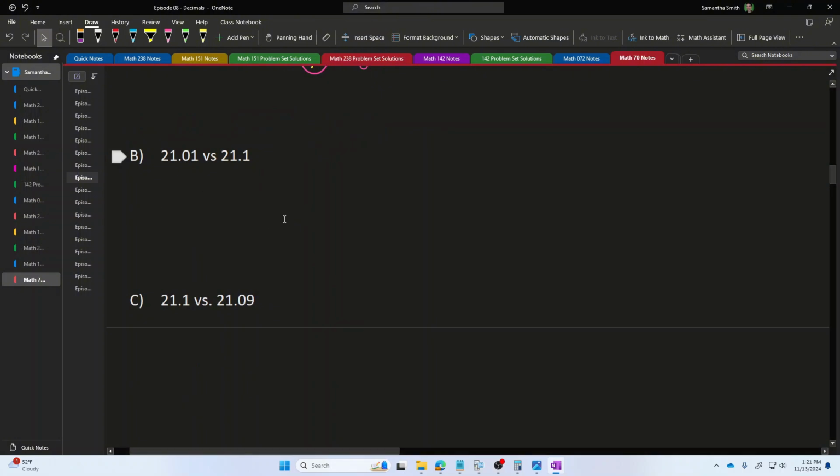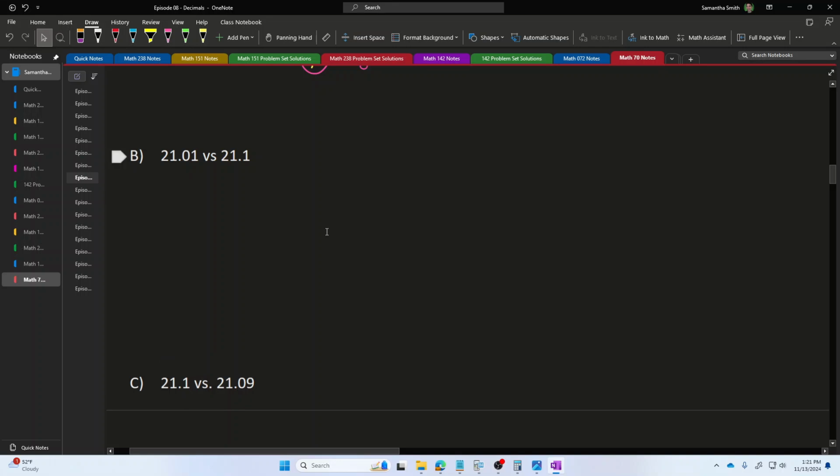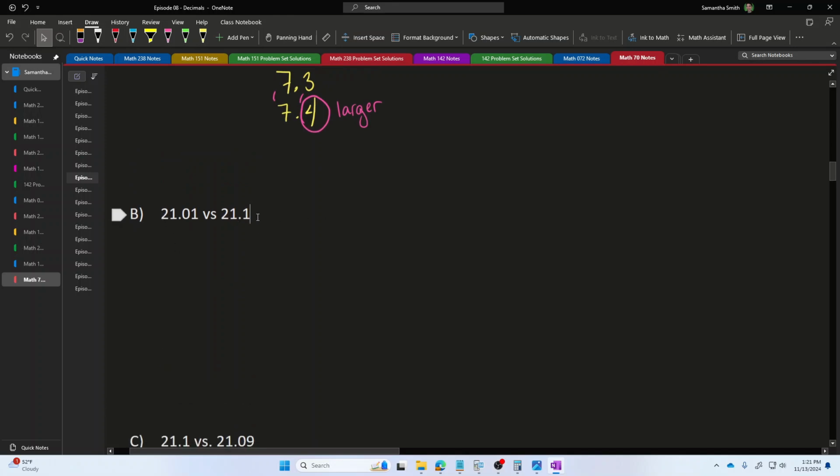I can take either of these same approaches if I were comparing, for example, 21.01 and 21.1. The first way that I could approach this problem is I could ask myself, if I had this amount of money, $21.01, versus if I had this amount of money, $21.10, in which situation would I have more cash?